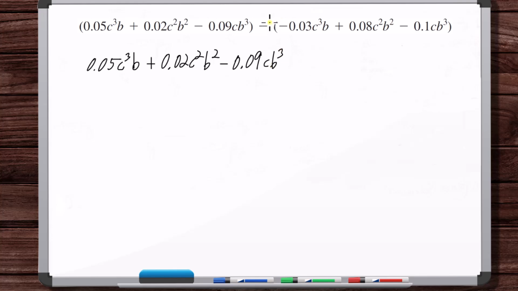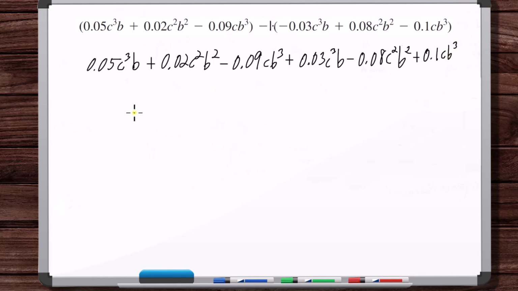Now, here you can think about we're distributing a minus 1, and that's how you can look at this. So plus 0.03 c cubed b, then minus 0.08 c squared b squared, then plus 0.1 cb cubed.